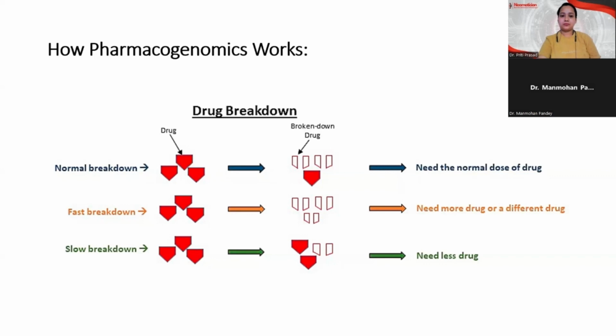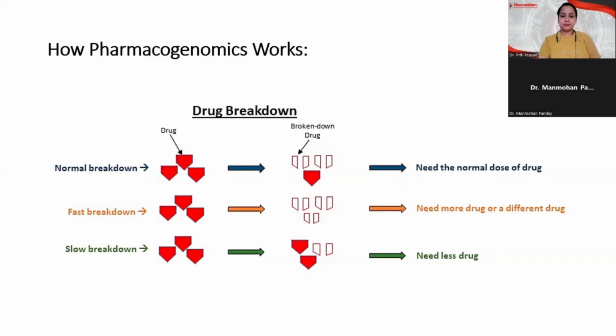If there is no variation, or the variation doesn't cause much change in the efficacy of the protein, the normal breakdown will be there. But if the variation increases the efficacy of the protein, then fast breakdown will be there. Since the drug will be metabolized very swiftly from the body, we need more and more doses in order to have a proper response.